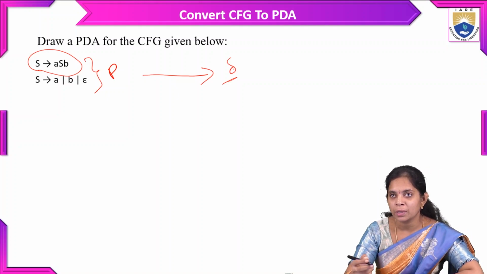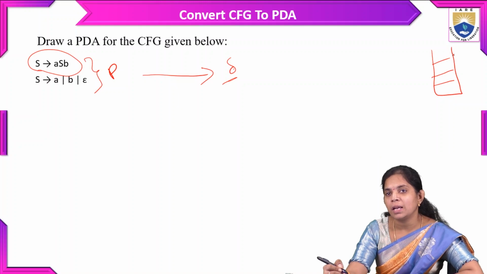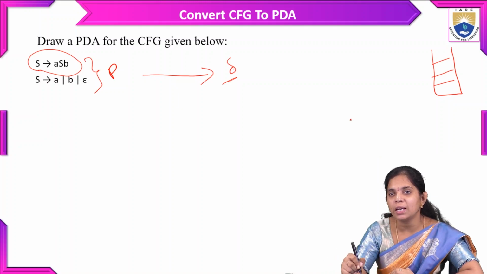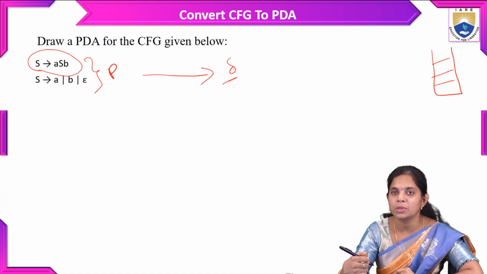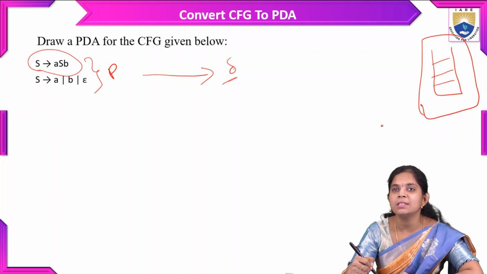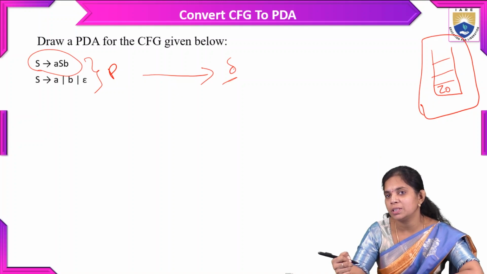How we will see: we already know that the pushdown automata has the stack representation. We need to push elements into the stack and pop elements from the stack, and based on that only we perform the transition function. Initially the stack is initialized with Z naught.